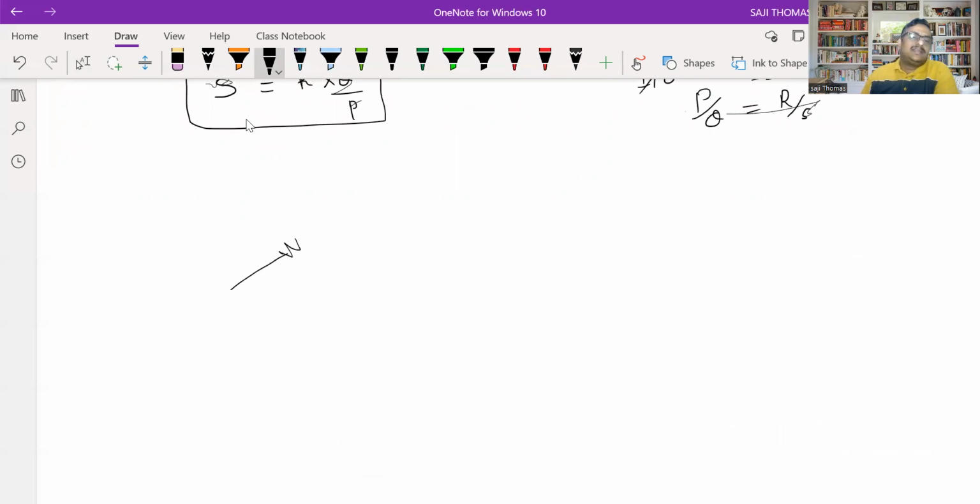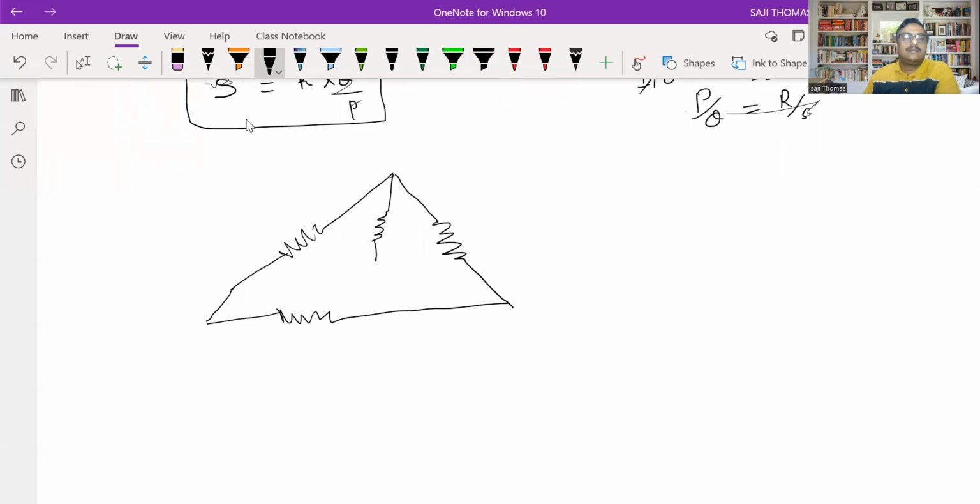I'm giving a circuit diagram. So four resistors are connected like this.